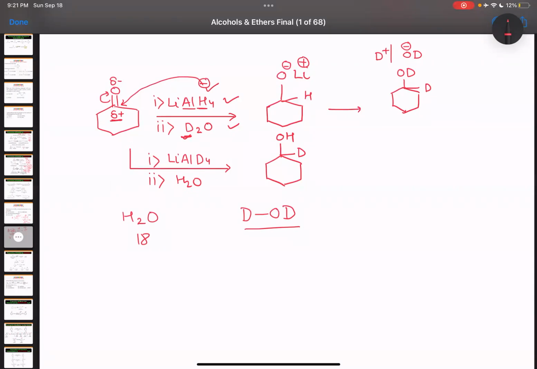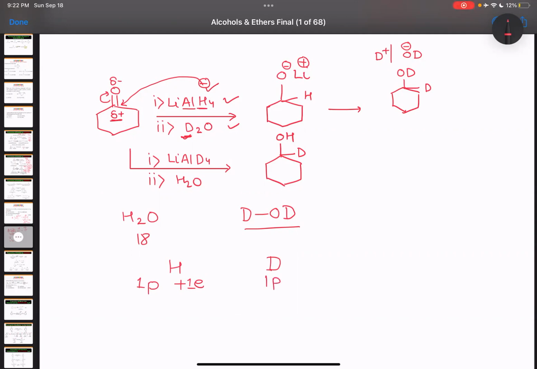So that I don't know. Yeah, you can calculate very easily. This is deuterium. Normal hydrogen is having one proton and one electron, right? Deuterium is actually the heavier isotope. It's the isotope of hydrogen only.